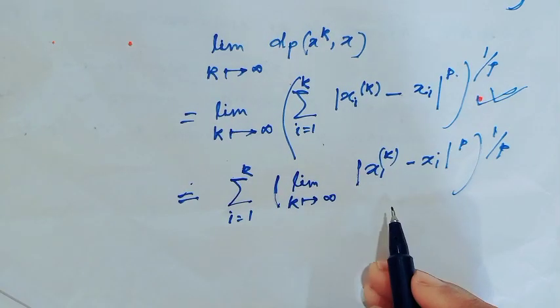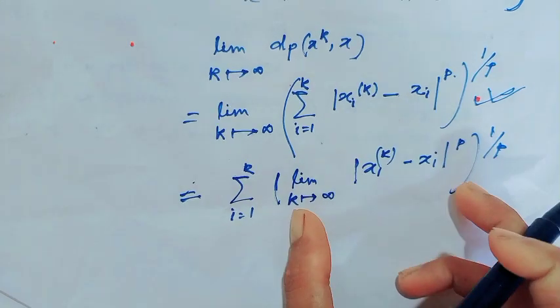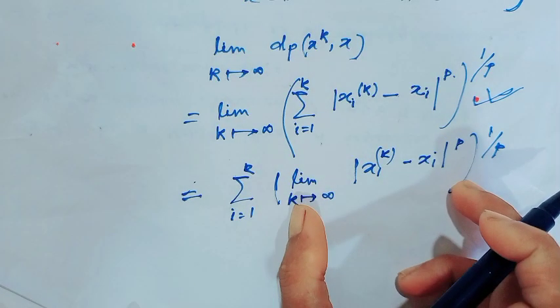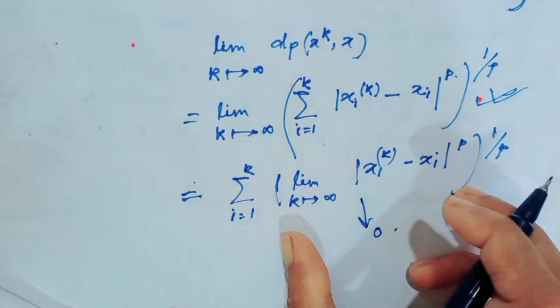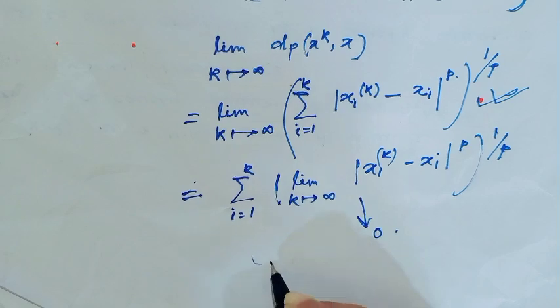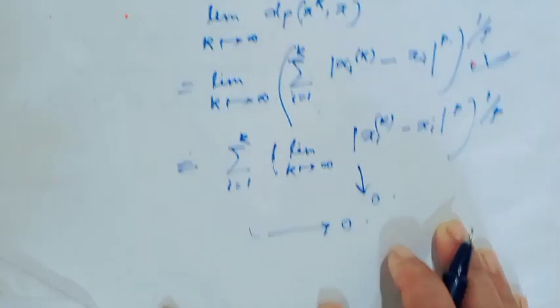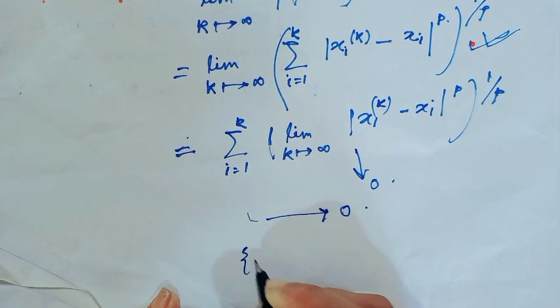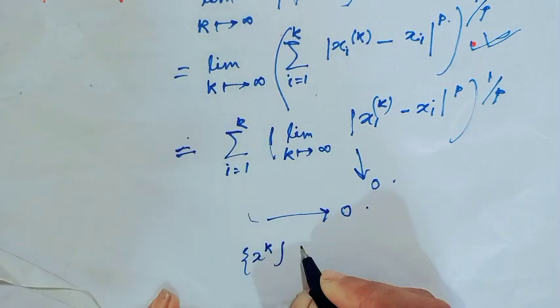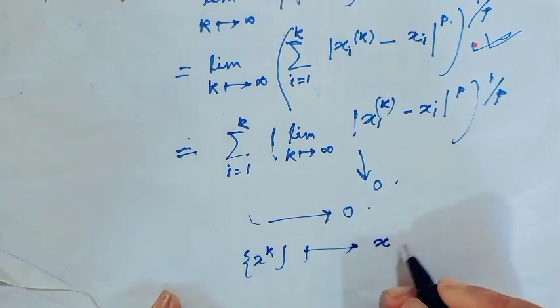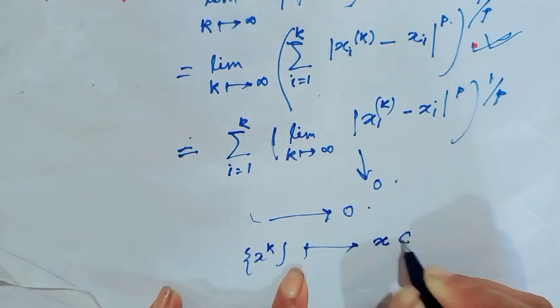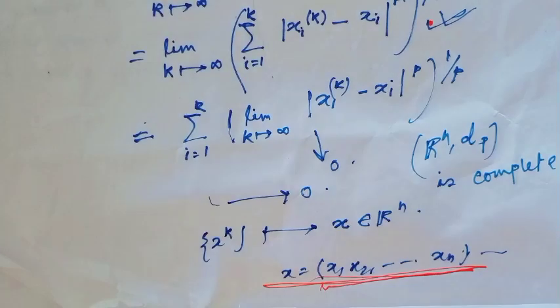And since R is a complete metric space, each component, this part, actually goes to 0. So obviously the whole summation goes to 0. Therefore our given Cauchy sequence x_k converges to this x belongs to R^n, where x equals the vector x1, x2, xn.